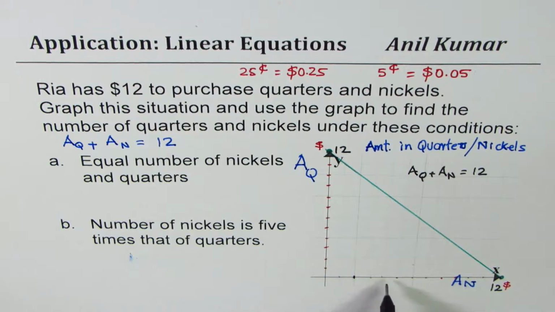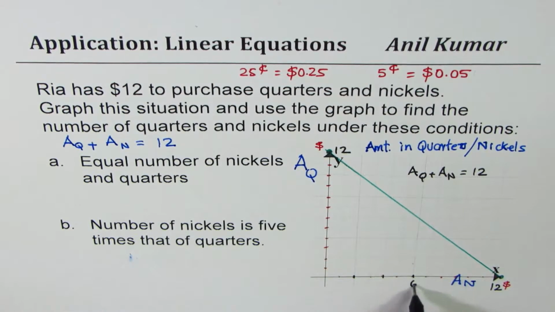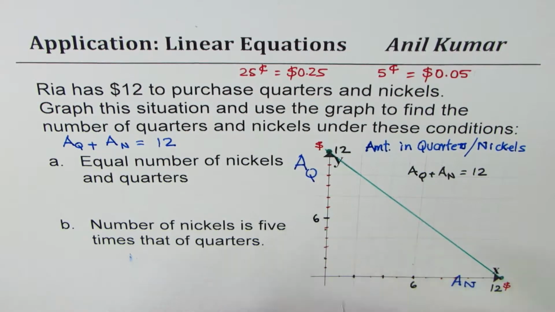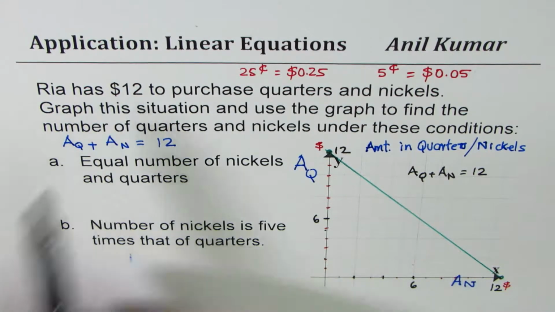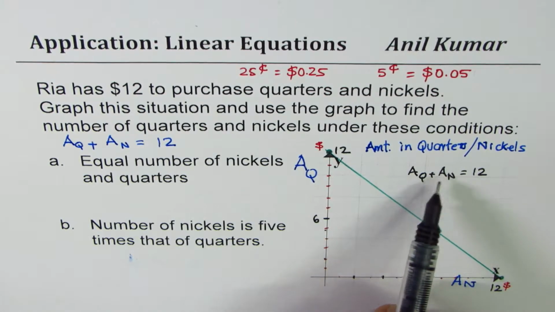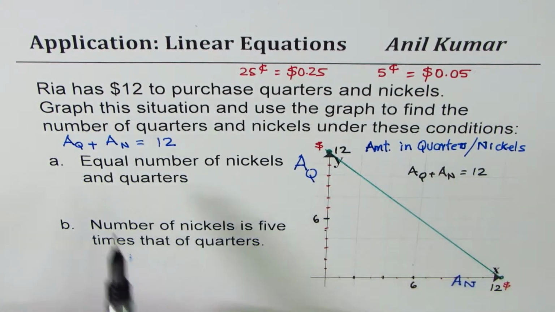So half of 12 is 6. So we are just saying 1, 2, 3, 4, 5, 6. This is $6. This is 6. So that makes our scale. Fine. So we have done the first part, that is sketching a graph for the given situation. Equation is amount in quarters plus amount in nickels is 12.